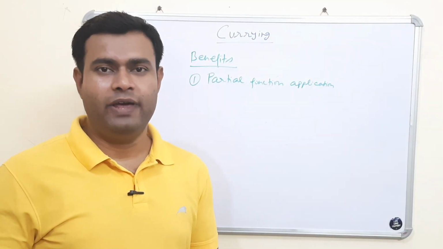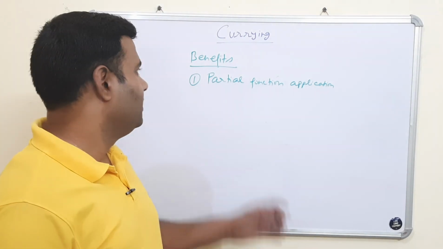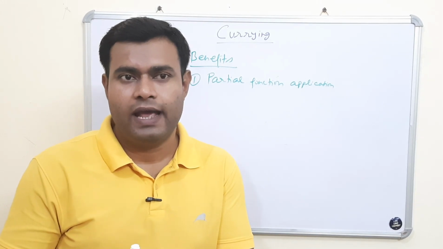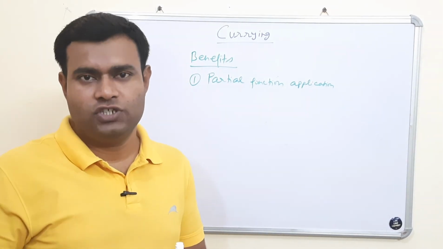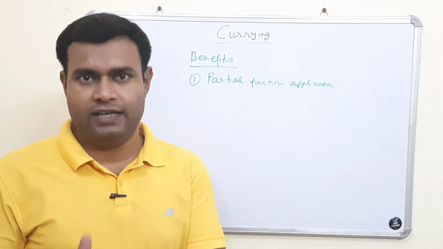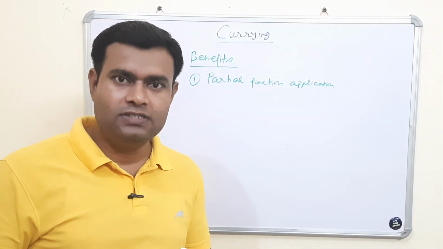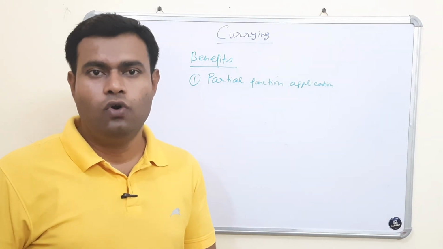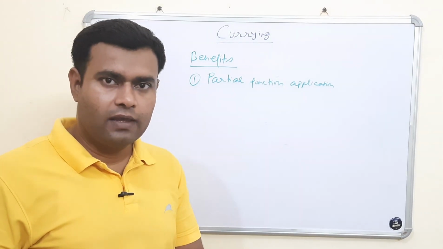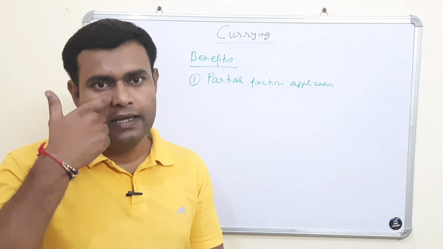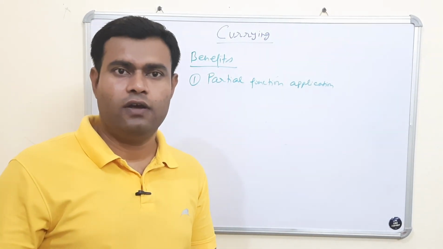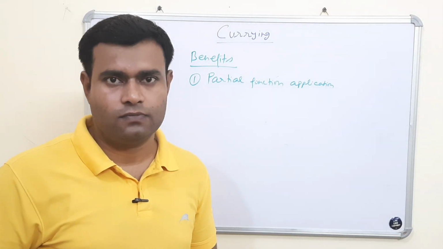Now let's talk about the benefits of currying. First benefit is partial function application. It means when you have a function and it has to be passed into another function as a callback, but only a few variables are available, and some variables will come in the future. So you can create a function using only the variables which are available, and the other variables can be introduced as arguments at a later stage in a curried version of that function.